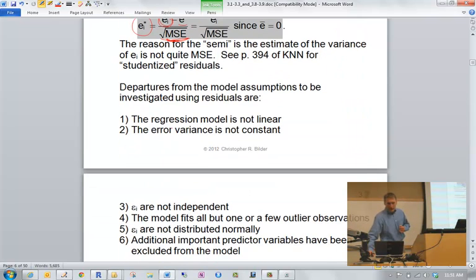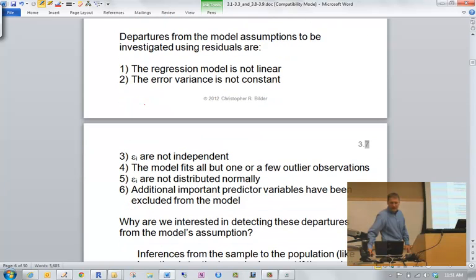Okay. So using our residuals and our semi-studentized residuals, both of them, we're going to look at 6 different ways that you can screw up your model, or you could say violations of the model that we have stated so far.